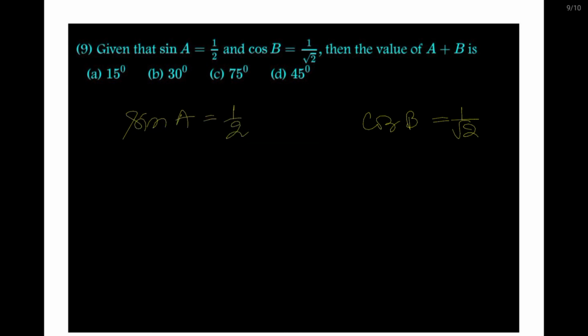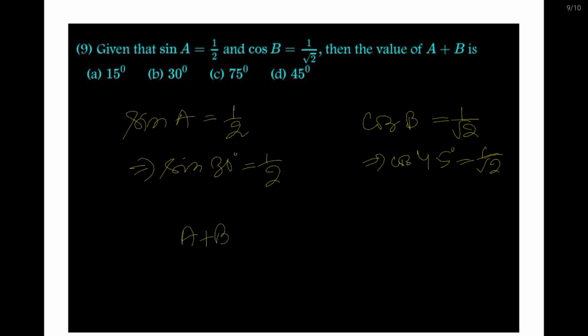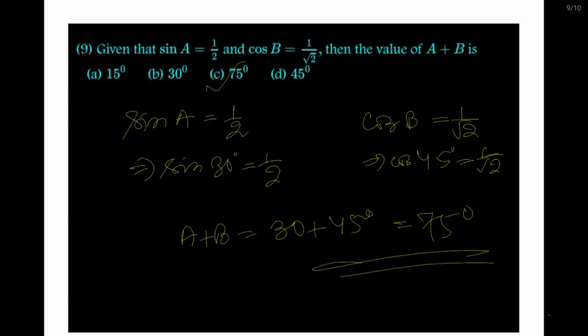If you remember, sin 30 degrees value was 1 by 2, and cos 45 degree was equal to 1 upon square root of 2. So here we can see that a becomes equal to 30 and b becomes equal to 45. So a plus b will be 30 plus 45 degree, so it is nothing but 75 degree. So this is the answer.